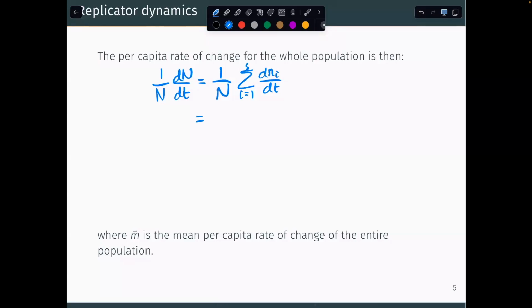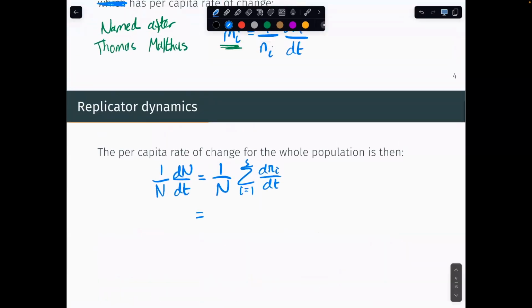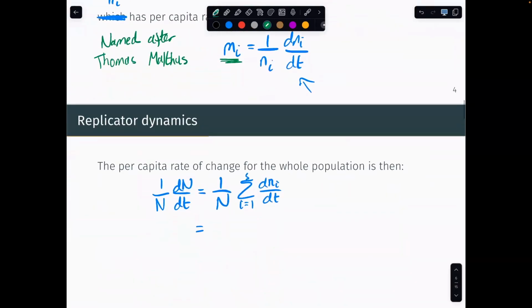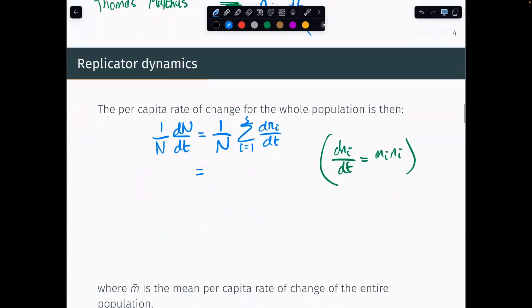Okay, we know what dN_i/dt is because we've defined it up here. Just to make sure it's clear, dN_i/dt is just going to be M_i N_i. So we can sub that in.